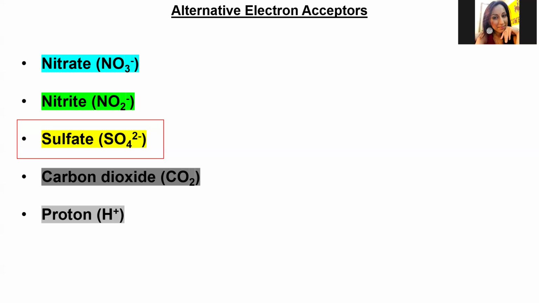This sulfate is somewhere in between. So SO4 2 minus, or elemental sulfur, which is S0. They're not the best terminal electron acceptors, but they could be used. If you have nothing else, of course, that's what you have to use. And again, there is a very good reason why I love them.